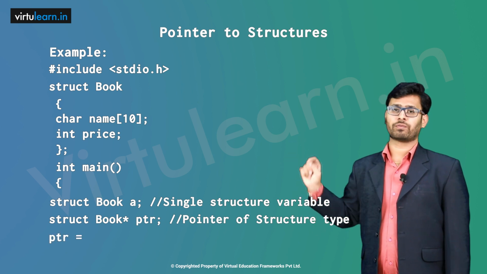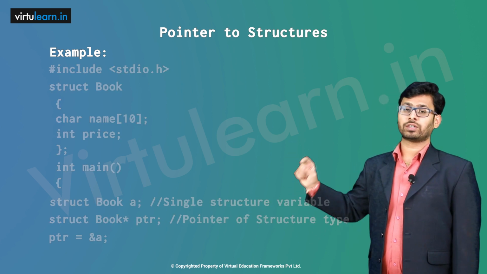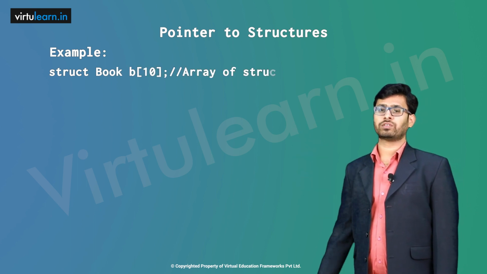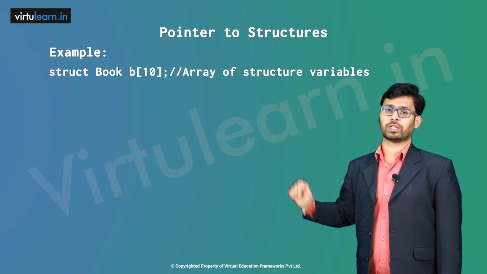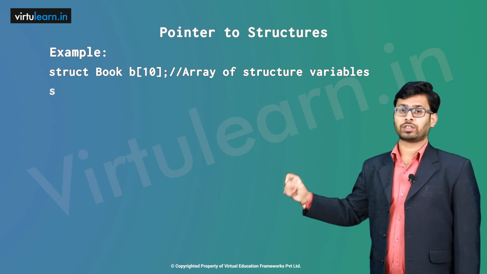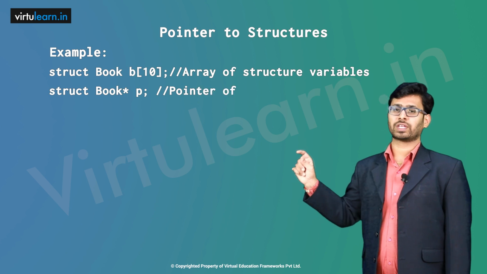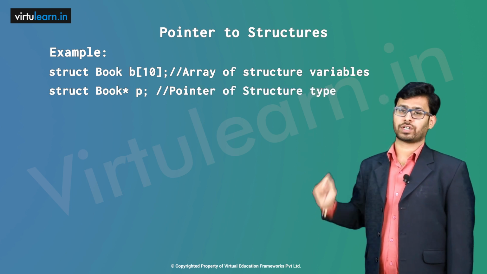PTR is equal to address of A, struct book B of size 10, which means an array of structure variables. Struct book star P followed by semicolon, this is the pointer of structure type.